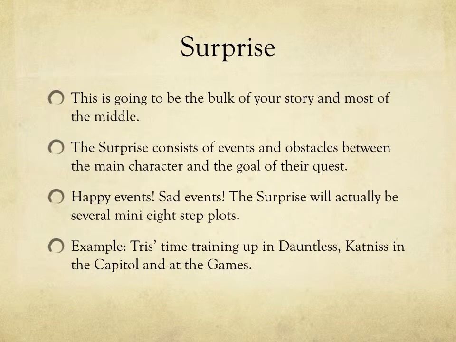The last event of the surprise is the character either tries to commit suicide, or has a falling out with their family. These things get progressively worse, or progressively harder, for the main character. If your surprise consists of 5 very milquetoast events, that's a very soggy middle, and there's going to be no rising action for your plot.